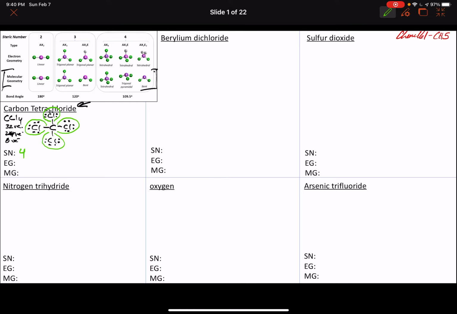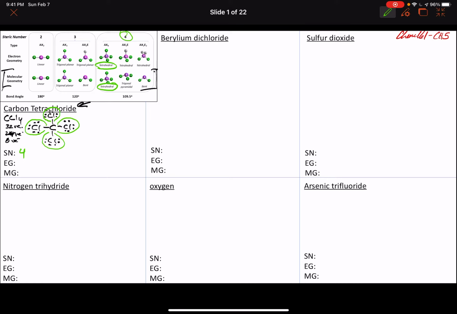When we now move down into the category for determining the electron pair geometry, we want to consider if there's lone pairs. Well, there are no lone pairs on that central carbon, so we are going to adopt the same molecular geometry and electron geometry for the option there.